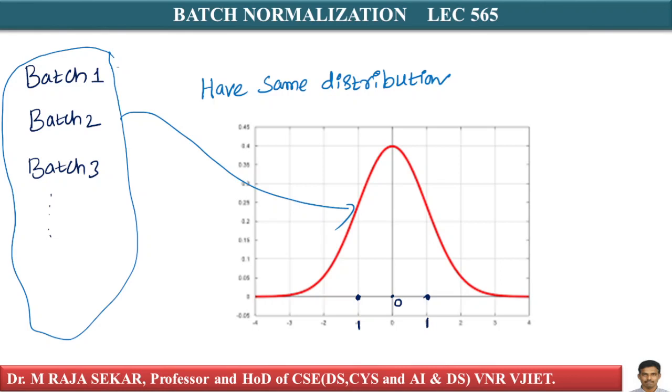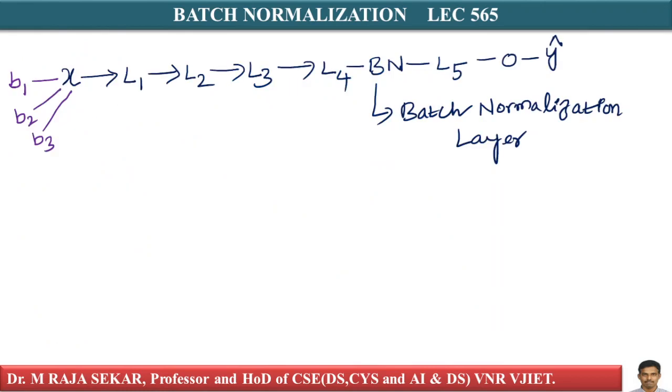So you can think of batch normalization as an additional layer that you add especially deep in the network. Batch normalization works well deep in the network. If we add batch normalization, you will not have the covariance shift problem.